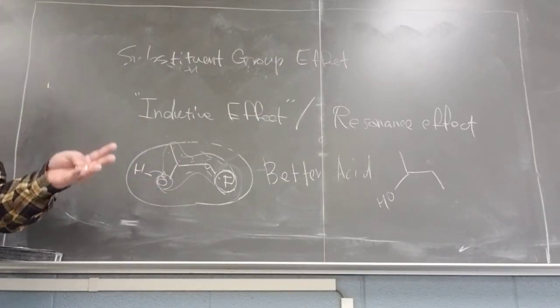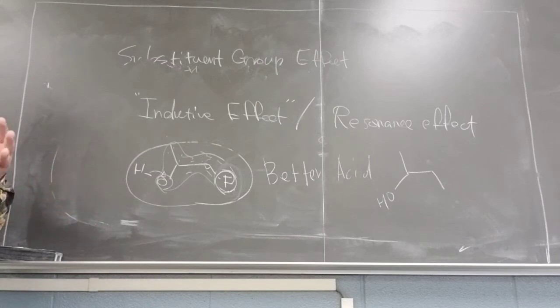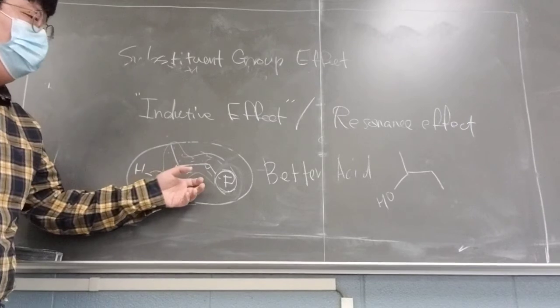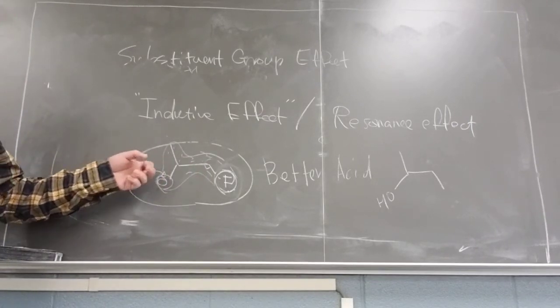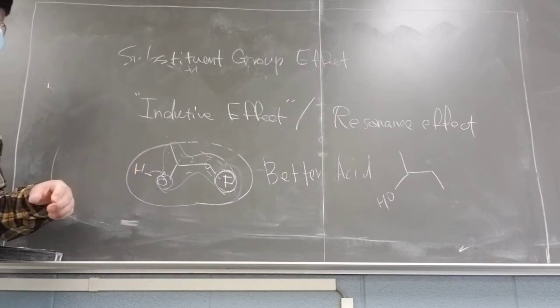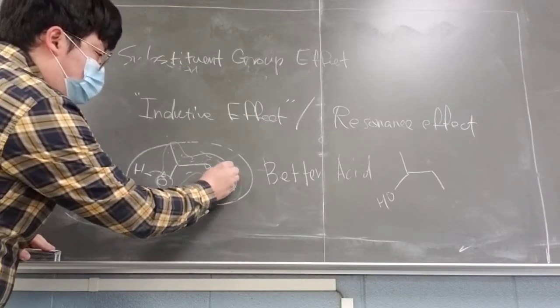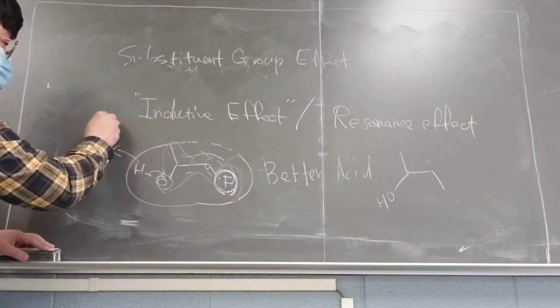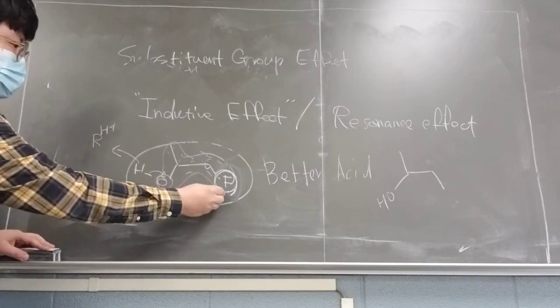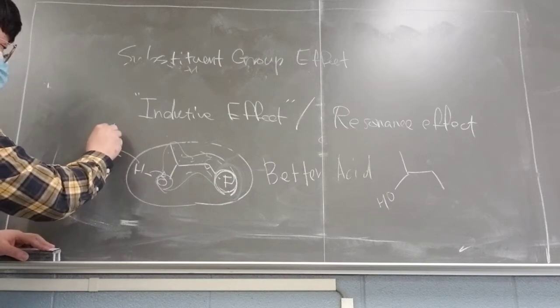This is kind of a minor effect. So this induction is not one of the really strong major effects, but one of the minor effects. Okay. The most important thing is the element right next to it. Kind of makes sense, kind of. So because of this one, the proton can be easily released because of the fluorine over here.